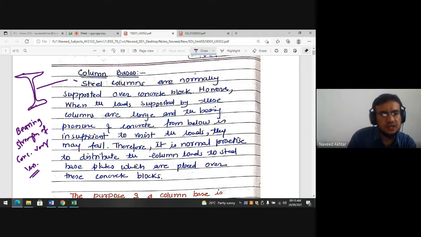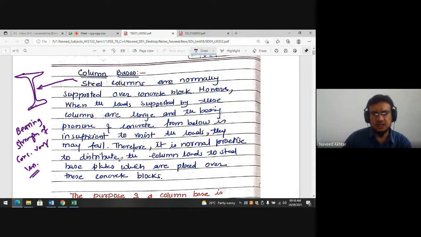It may sink into, or there may be crushing of, the pedestal or foundation below the steel column. So that's why the load is transferred from the column to a large area, and then from that large area of the plate it is transferred to the concrete pedestal. However, when the load supported by these columns is large and the bearing pressure of concrete from below is insufficient to resist the loads, they may fail.